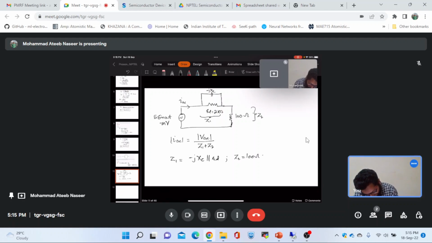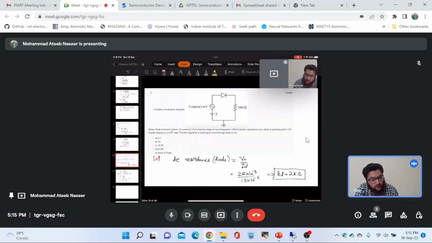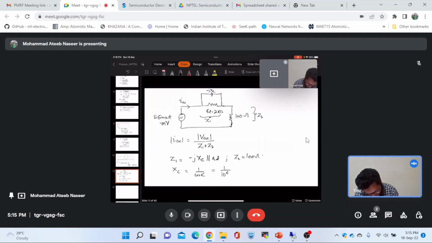This Xc will simply be equal to 1 by omega C, where omega was given to be 10 to the power 6 and C is given to be 1 nanofarad, which is 10 raised power minus 9. So Xc is 10 raised power plus 3 simply.